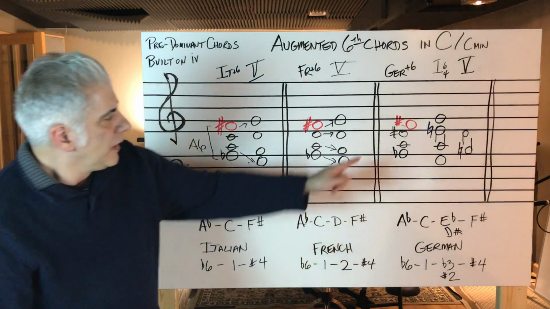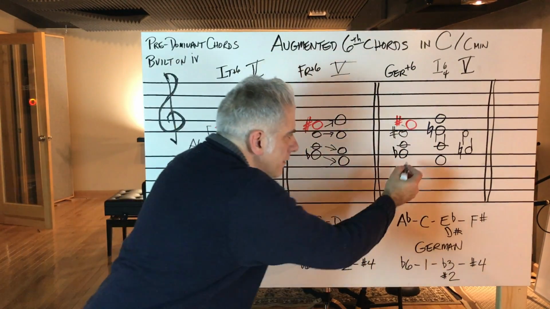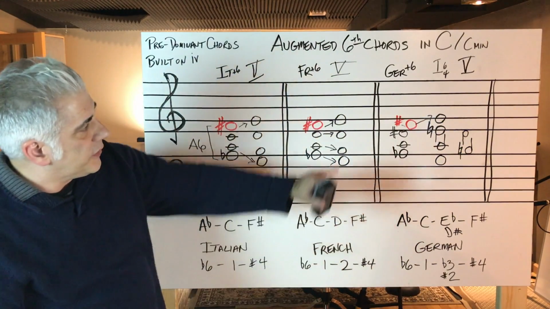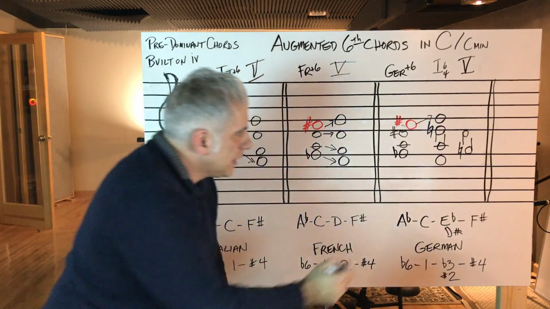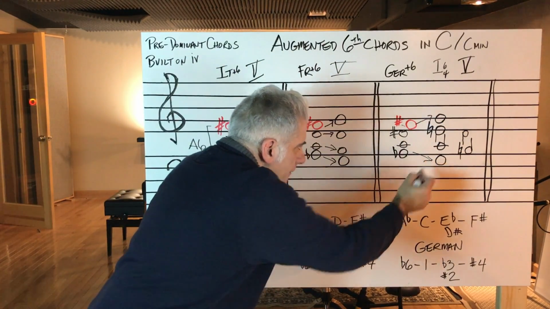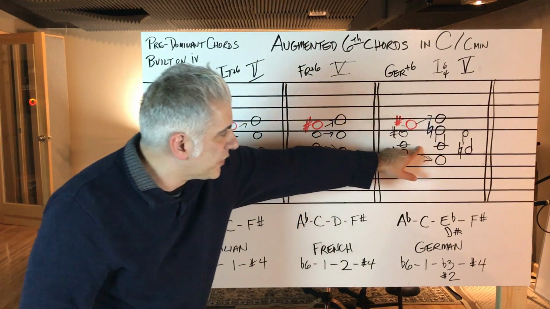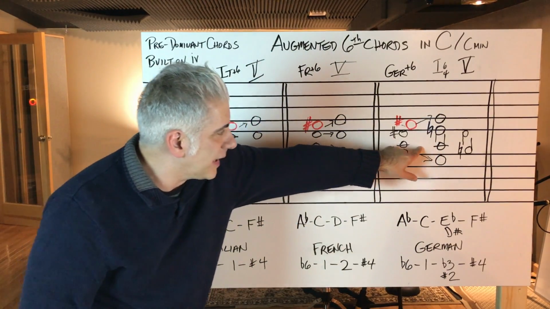So, your leading tone moves up to the 1-6-4 to the G, okay? The A flat moves down to G. The C stays the same because we're going to a C major chord here, right, in second inversion.